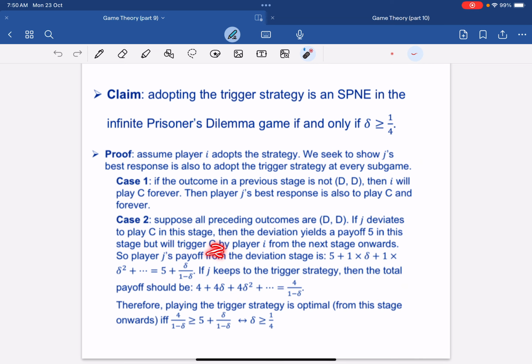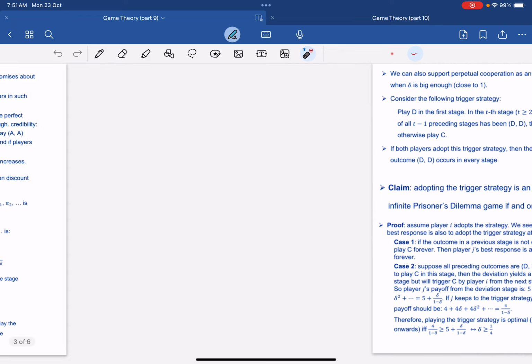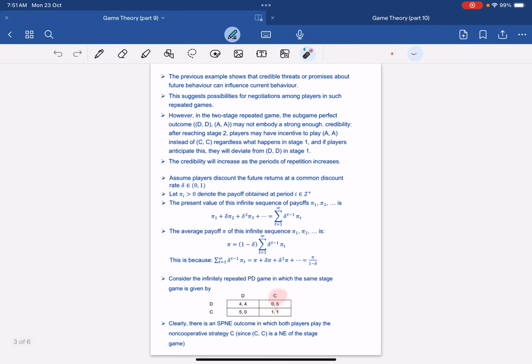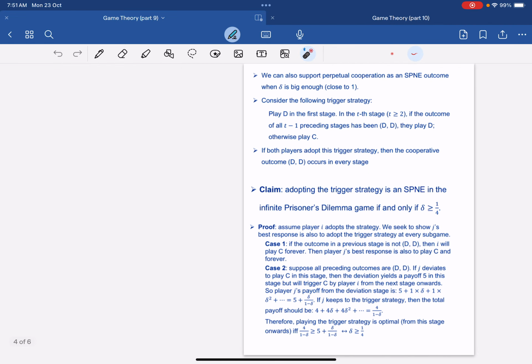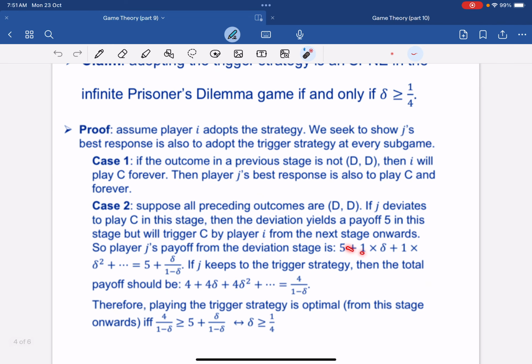But then we will trigger C from player I in the next stage onwards. So it is 5 plus 1, because once you choose C here, the other player will choose C already, so it will always go back to 1. So it's 1 times delta, 1 times delta squared, all the way. So it's 5 plus delta over 1 minus delta.